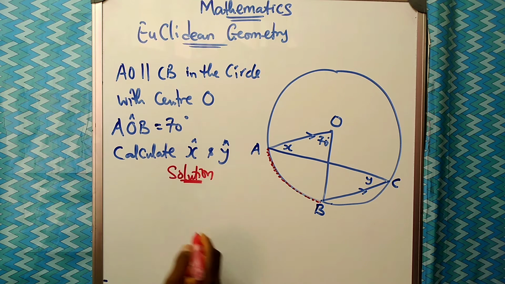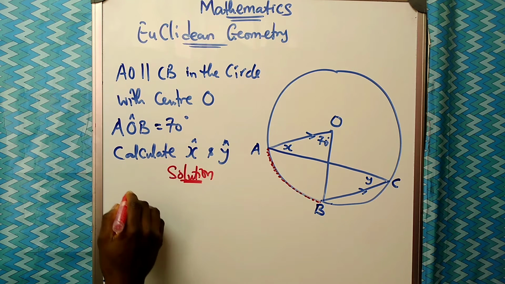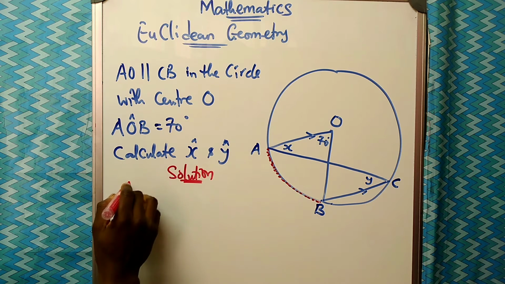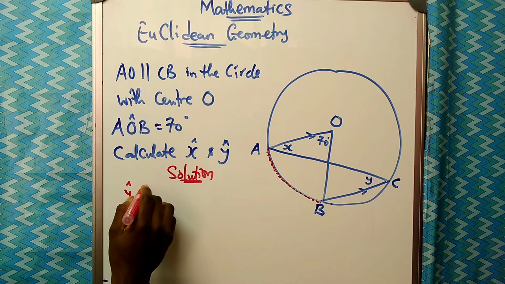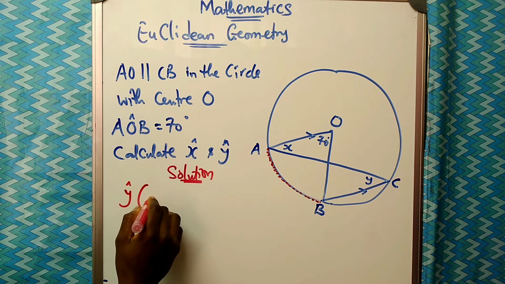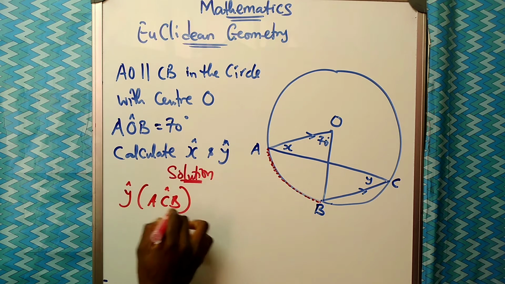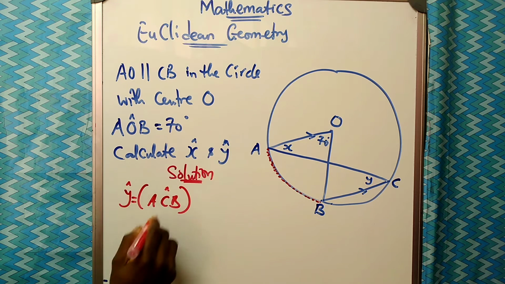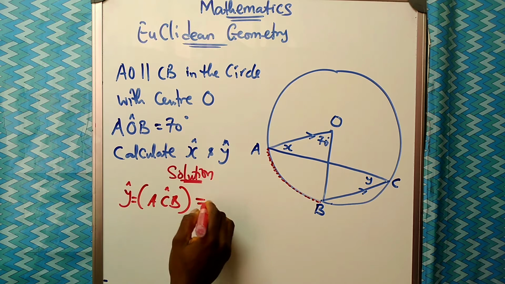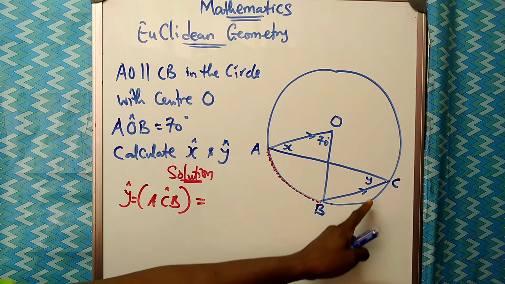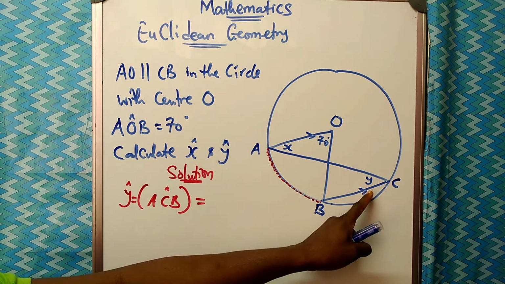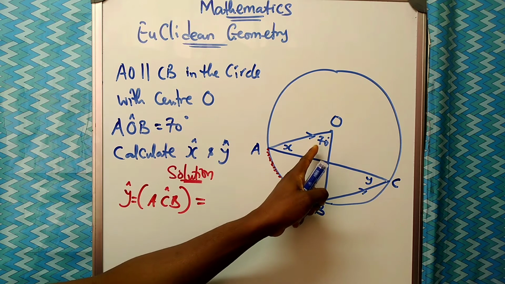That means my angle y, which is angle ACB, the angle at C, is the angle at the circumference, compared to the angle at the center.